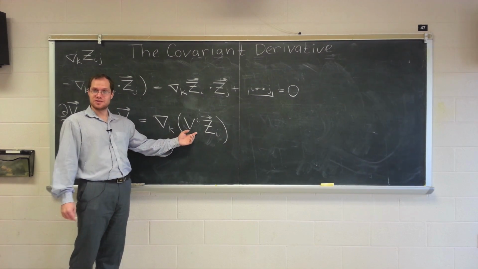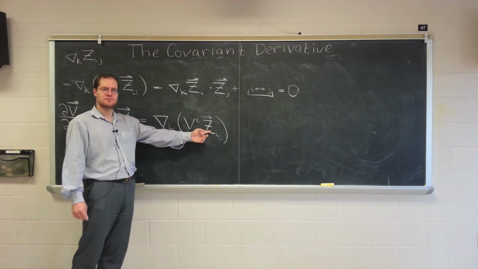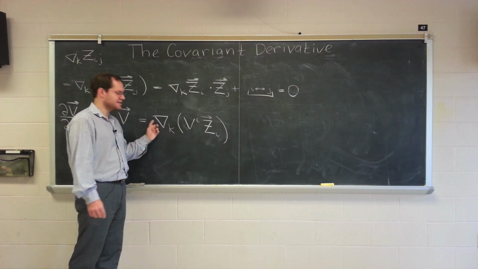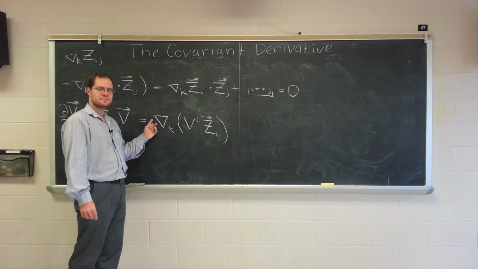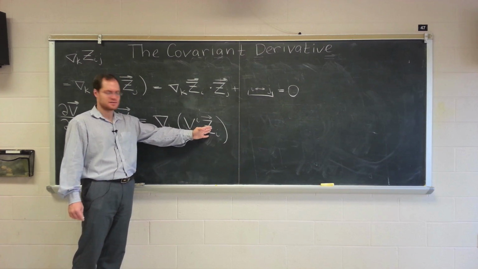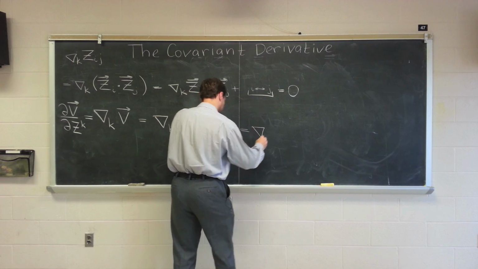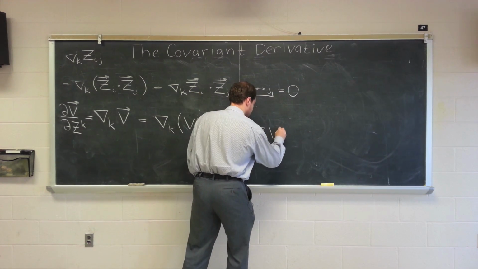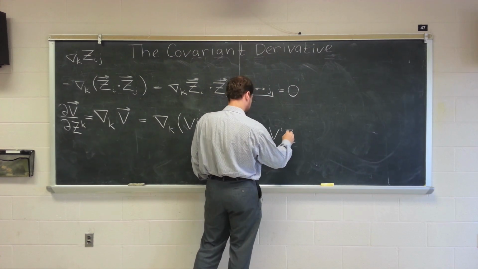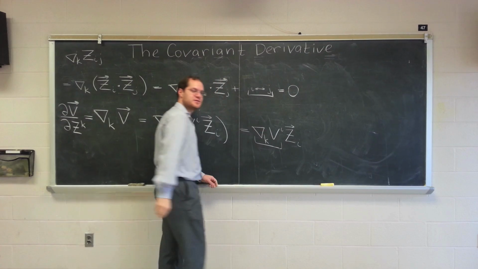So I should do this by the product rule. But by the product rule, this will be 0. So whenever something dies under the derivative, we can just take it out. So when I do this by the product rule and it kills this basis, I'm just left with one term, which is this, where it just applies to this.